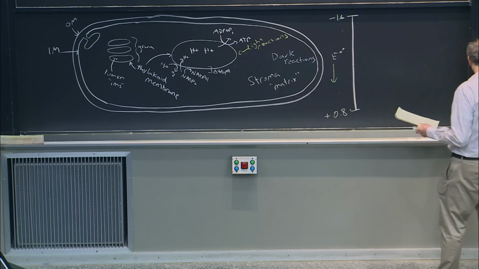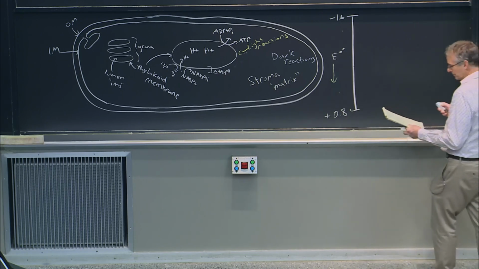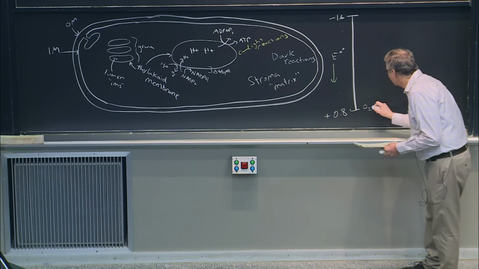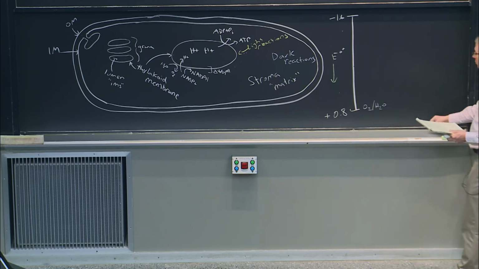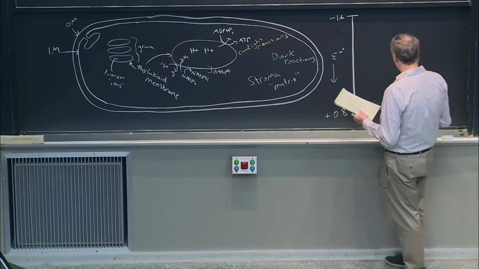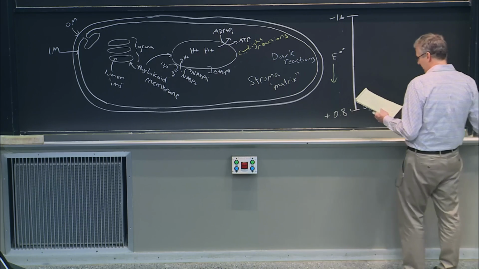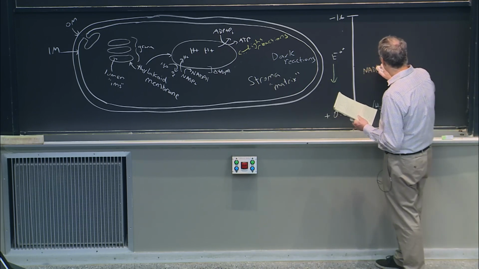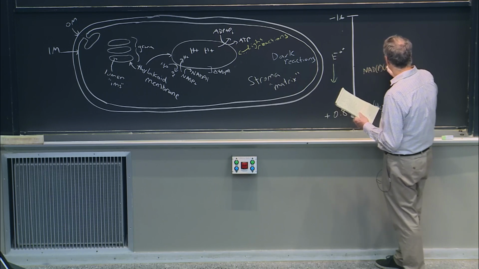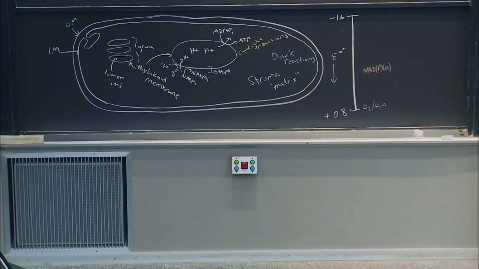So now let's just give this some real numbers. The standard reduction potential of oxygen/water sits down here. It's 0.86. You don't have to worry about exact numbers, okay? The standard reduction potential of NADH or NADPH, they're the same, the nicotinamide group is here.